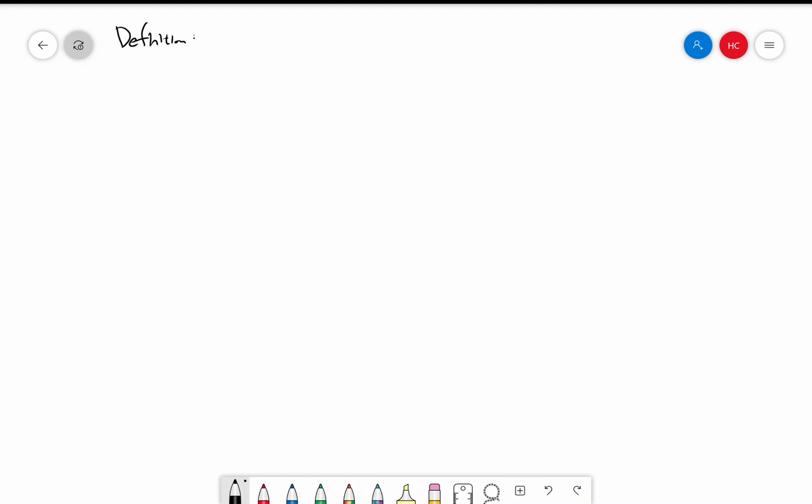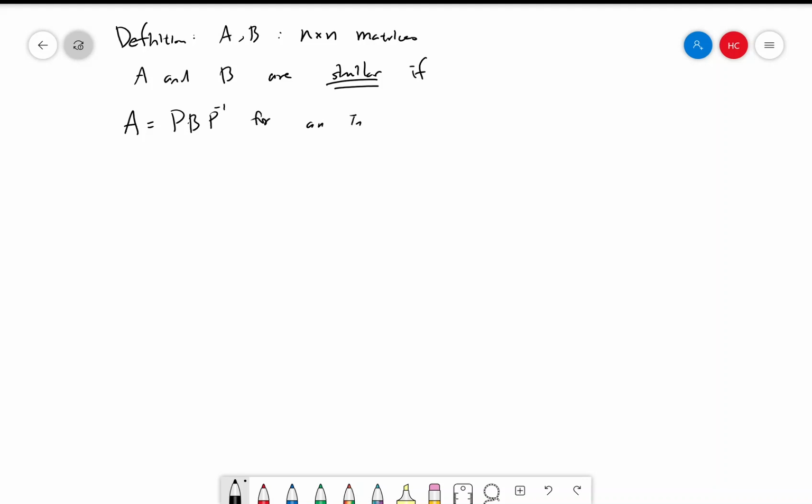So we say if A and B are n by n matrices, then A and B are similar if A equals P B P inverse, for an invertible n by n matrix P.